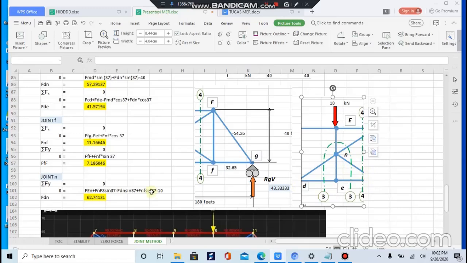Why minus 10? Because there is an external load in here. So FDN is equal to 62.474.